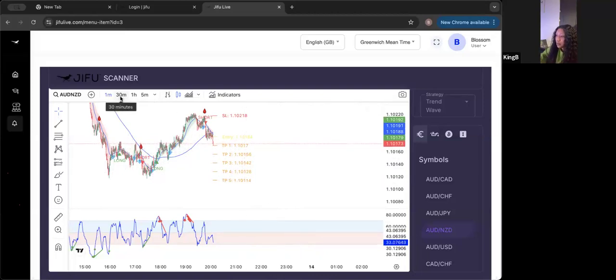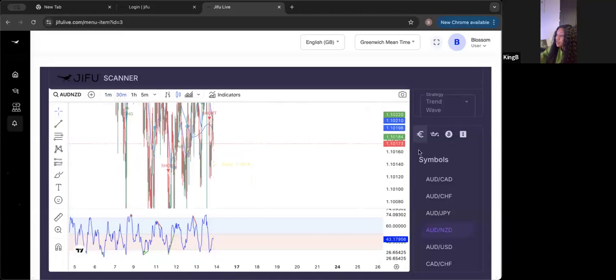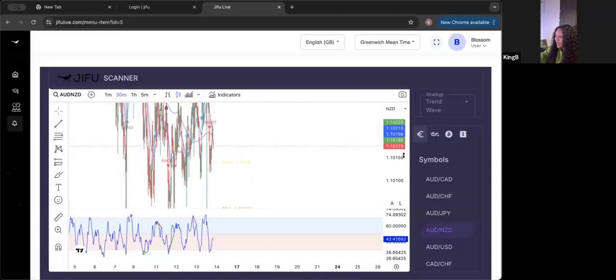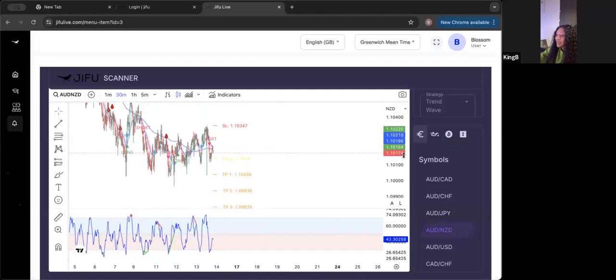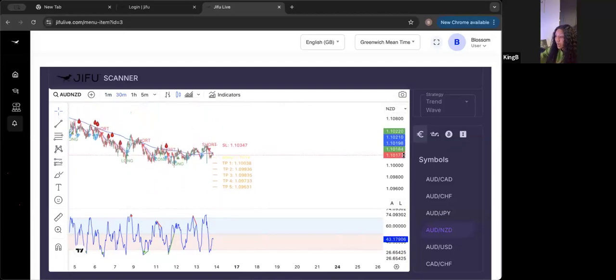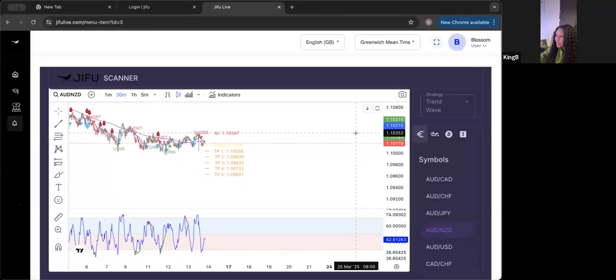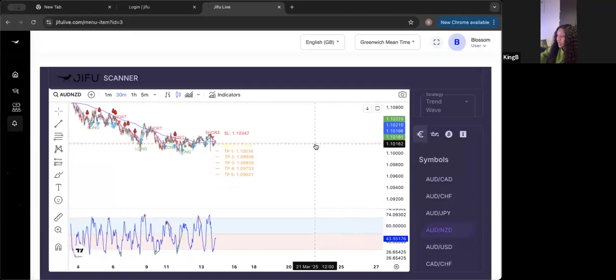I'm thinking to check on 30 minutes. Does 30 minutes have a trade that I can enter? Because, guys, remember, it has already confirmed on all time frames that it is a short. Maybe on 5 minutes it has hit till TP5, but on 1 minute it opened up a new trade that I can take till TP2, right?